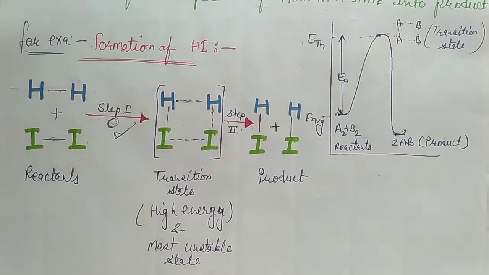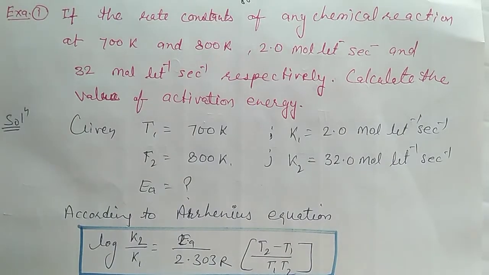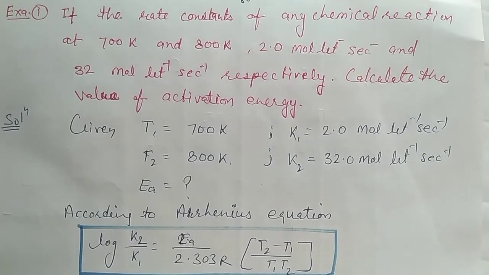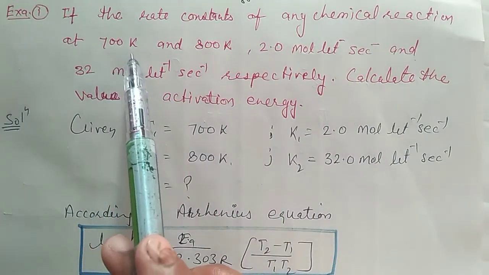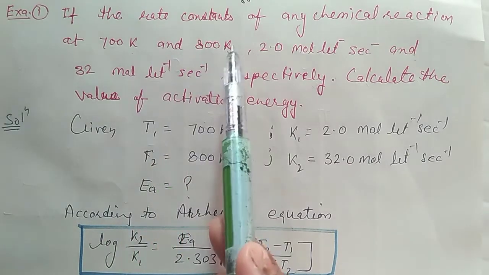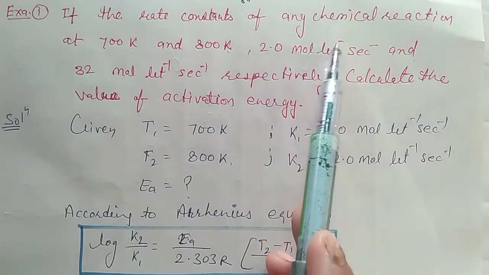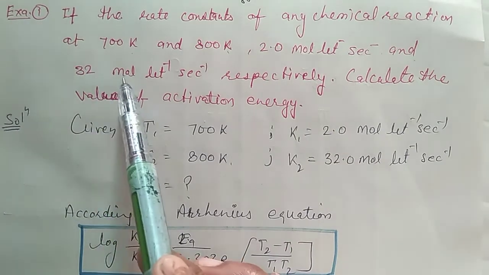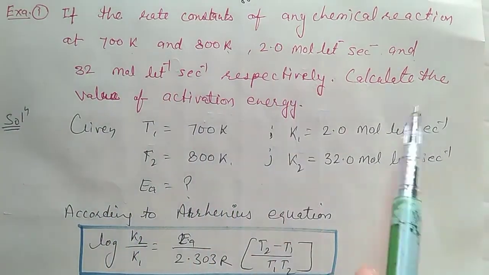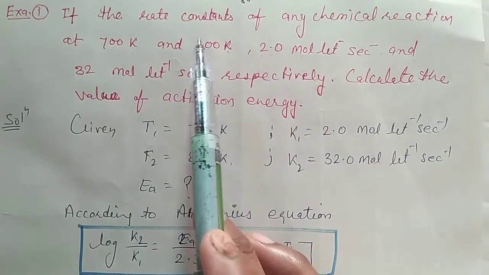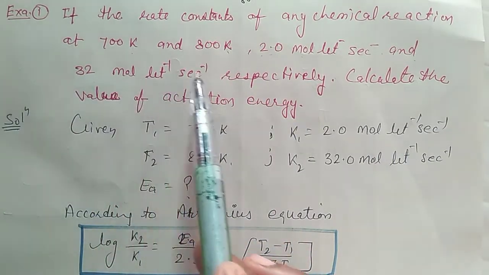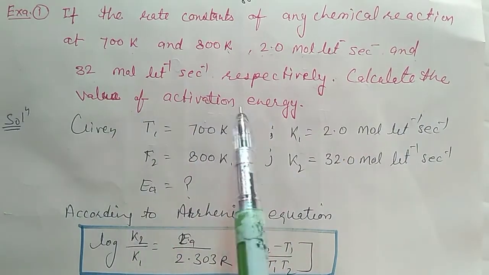Okay, this is the transition state theory. These two theories are given to explain the rate of reaction. Now we will discuss some examples related to the Arrhenius equation. Example number 1. If the rate constants of a chemical reaction at 700 Kelvin and 800 Kelvin are 2.0 and 32 moles per liter per second respectively, then calculate the value of activation energy.